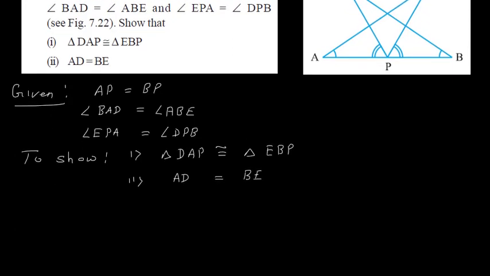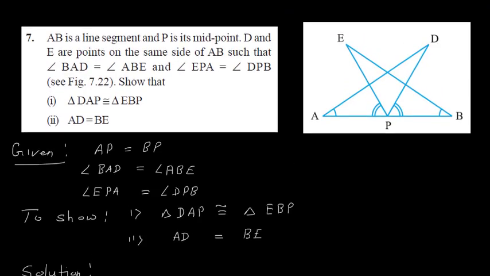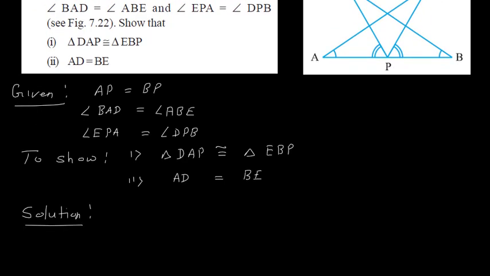Now in the solution, I will first prove that angle APD is equal to angle BPE. So for that we will write what is given. Angle EPA is equal to angle DPB.